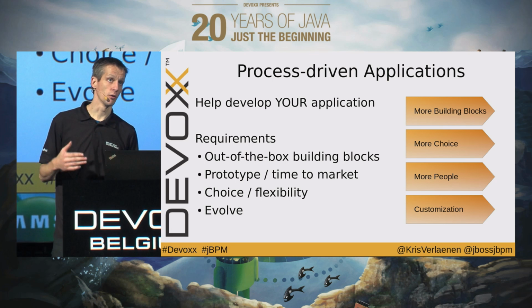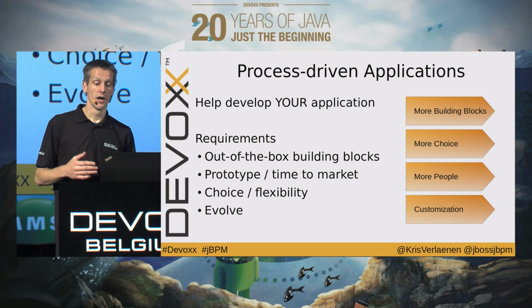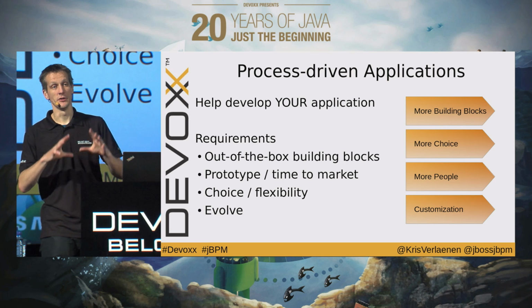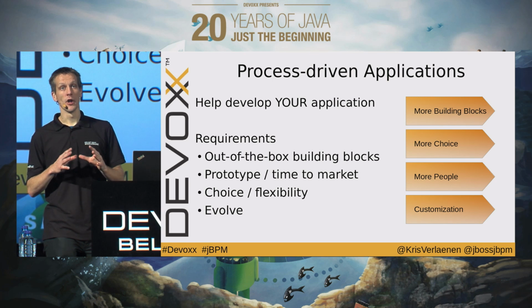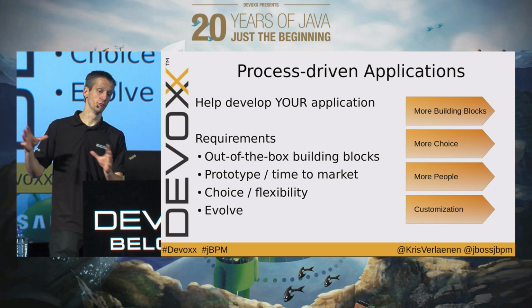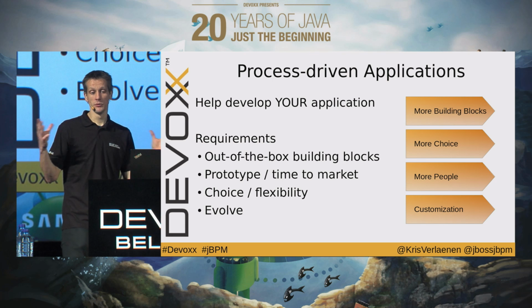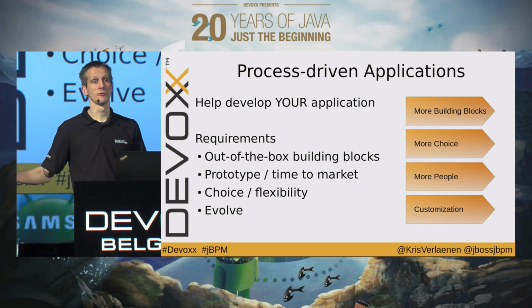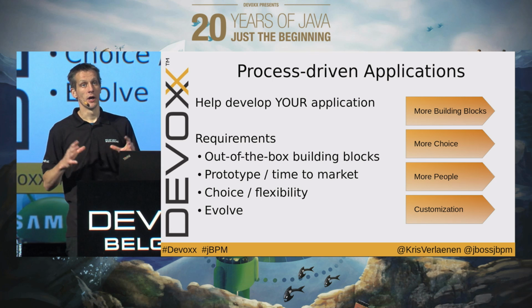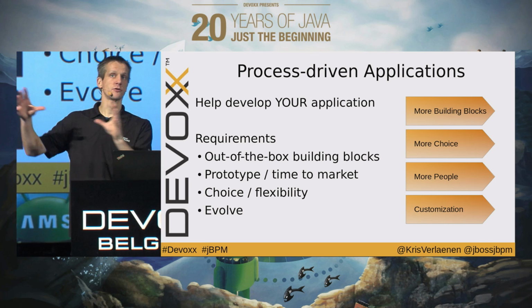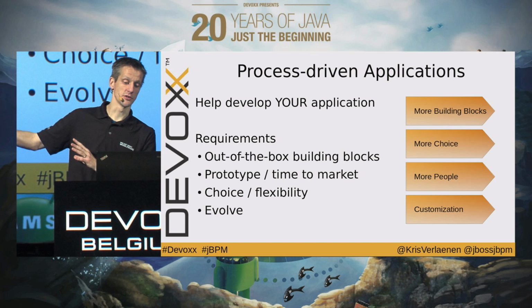And that's what I call process-driven applications. You're starting with an idea that you need to solve a certain business problem, and you want to use a process engine for that. So your business logic is a sequence of steps, for example, and you want to start using the process engine for that. But you want to quickly get to an application that you can start using.